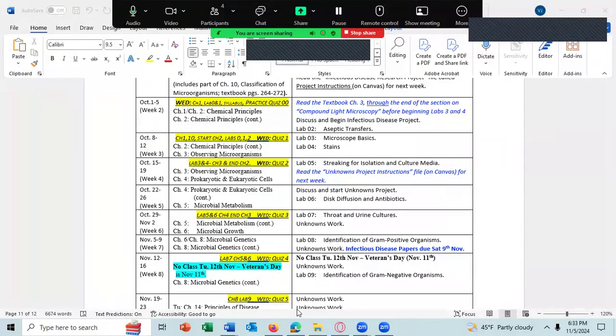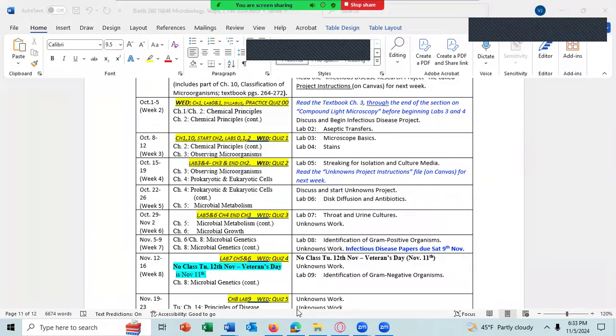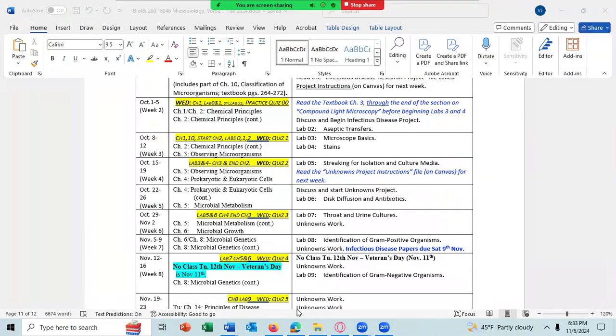Today is November 5th. We should be talking about Lab 8, identification of gram-positive organisms. Any question about anything? On the lecture, I noticed I was supposed to actually start chapter 8 today.